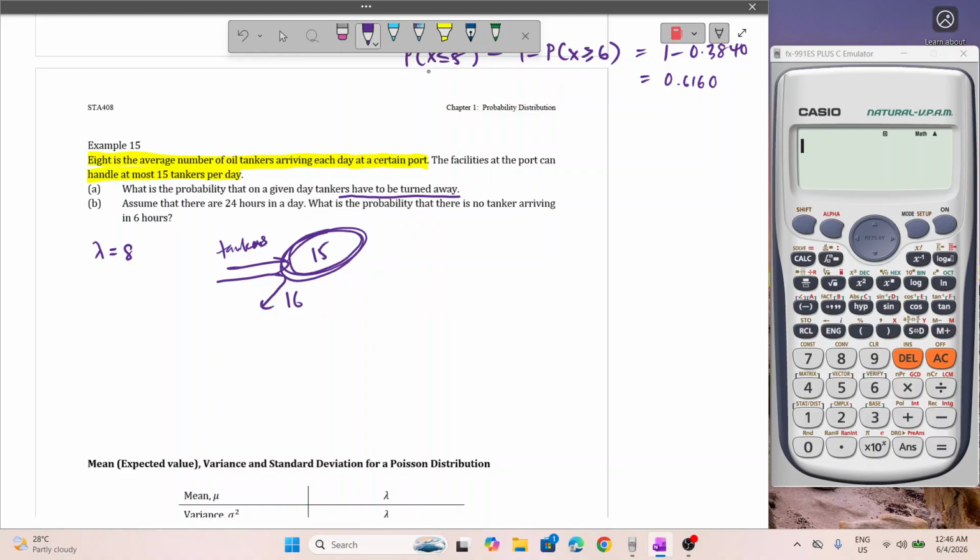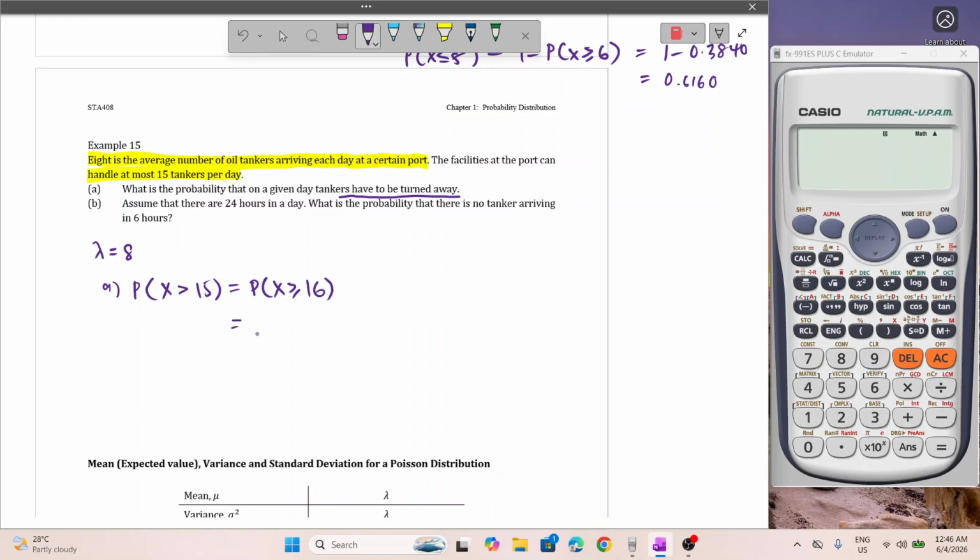So, to answer the first question, it is when x is greater than or equal to 16. Or you can also rewrite this as x greater than 15, because it can handle only 15. So when the 16th tanker comes in, it needs to be turned away.